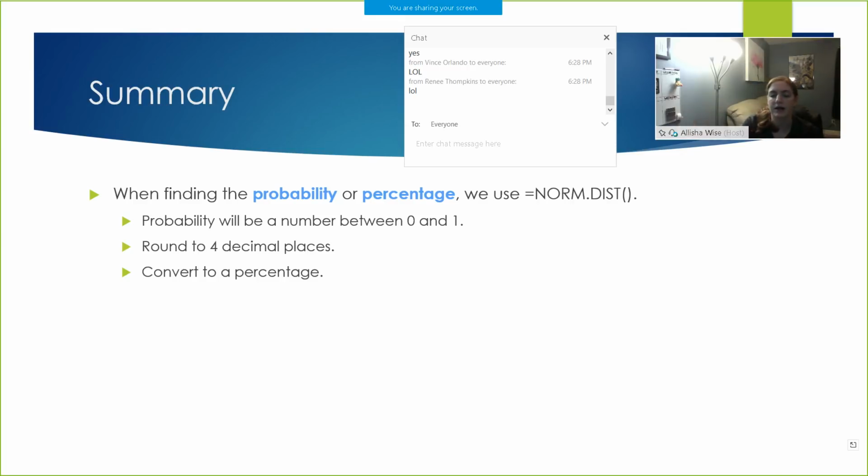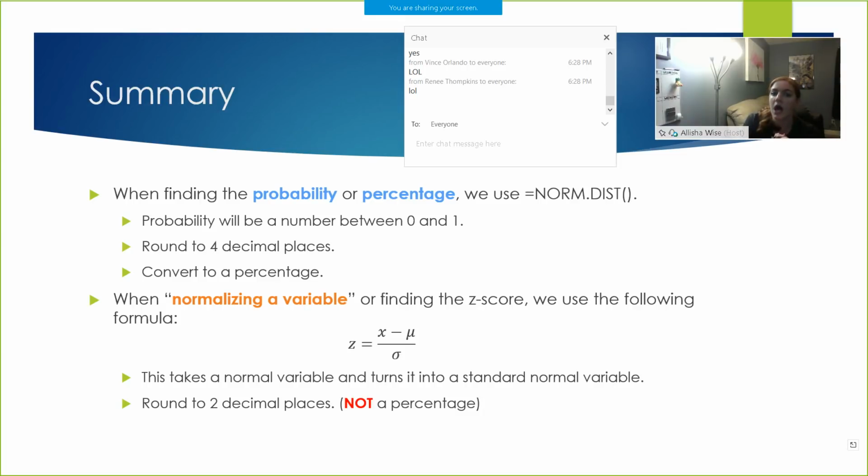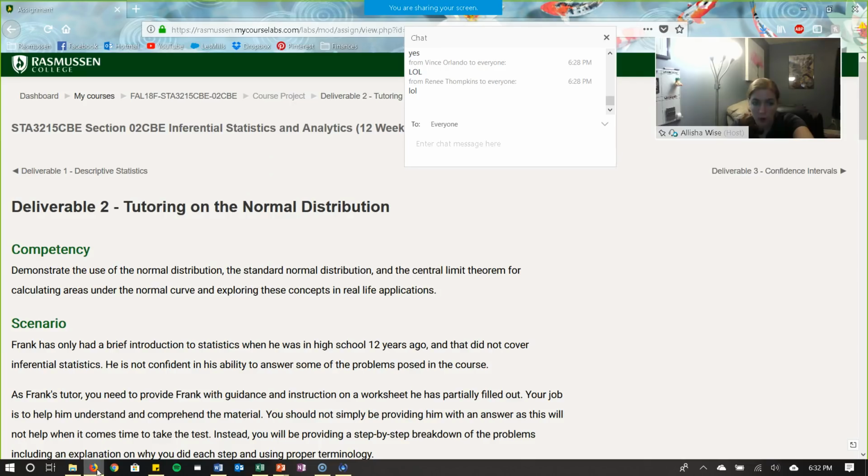We also looked at how to find the z-score, normalizing our variable. To find the z-score, we use this formula, x minus mu divided by sigma. We rounded the z-score to 2 decimal places, and it's just taking your x value and turning it into a z, or standardizing it.